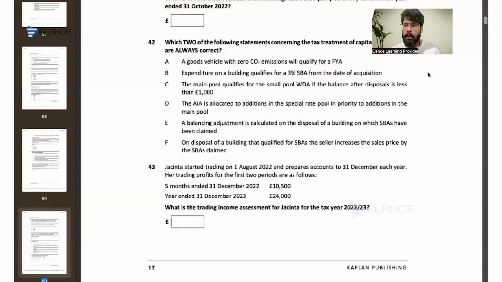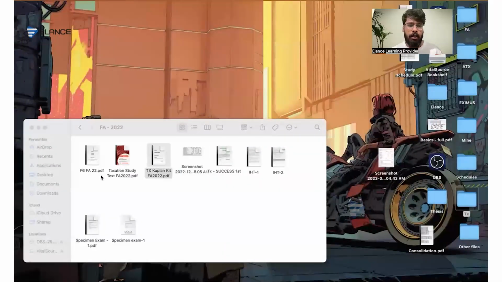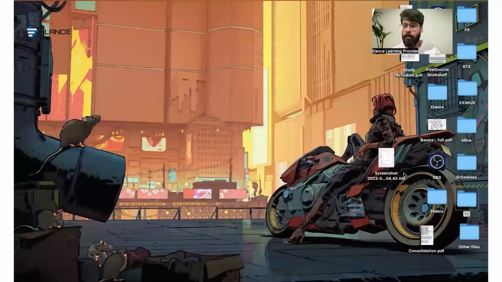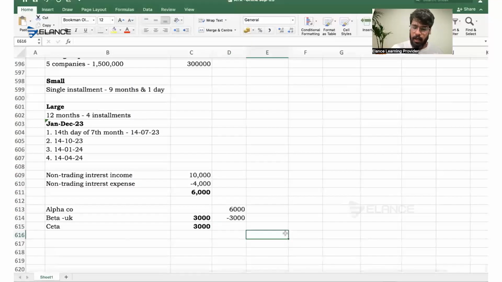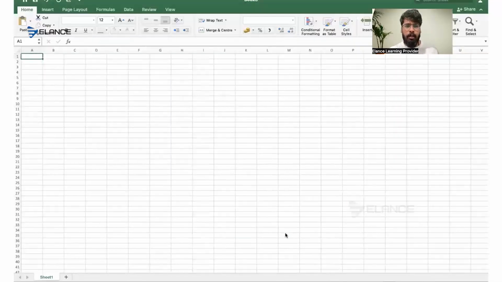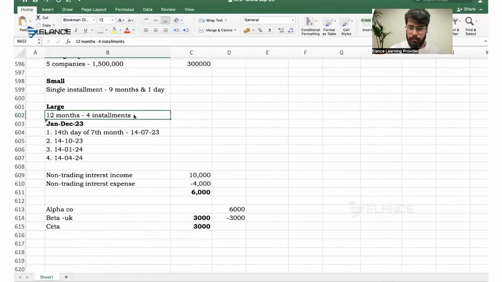Okay, before starting with the question, I'll explain what are the types of losses coming in the corporation tax and how we can set off the losses and from which amount we can set off the losses. I'll give you a briefing about the losses.